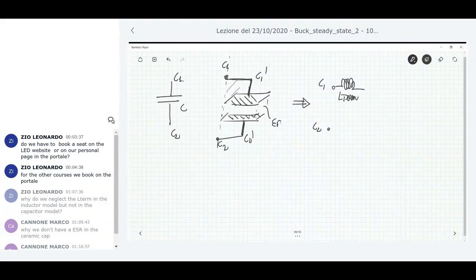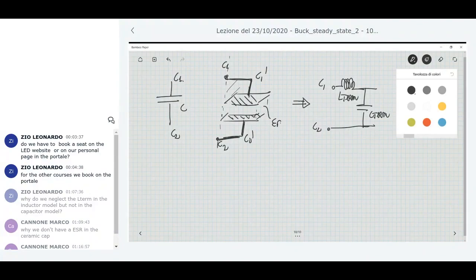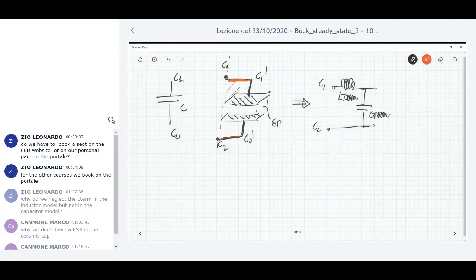In the same way, you have a terminal capacitance, which is due to the fact that you have two conductors that face one another, separated by air or something. Of course, this capacitance is very small. It can be skipped.